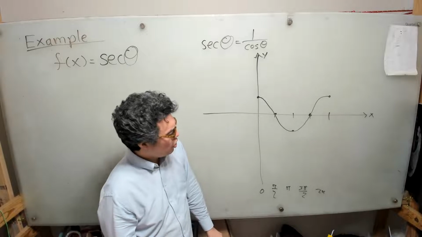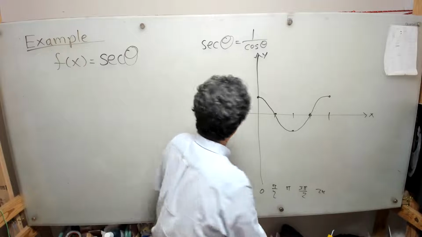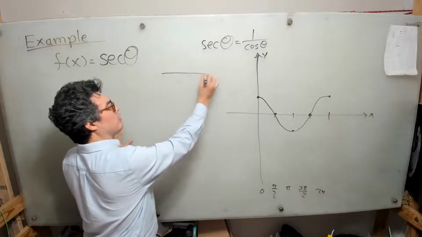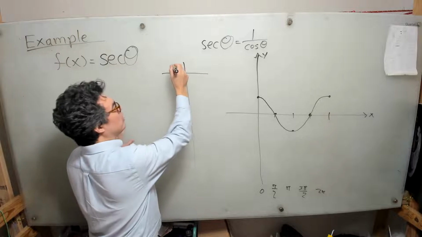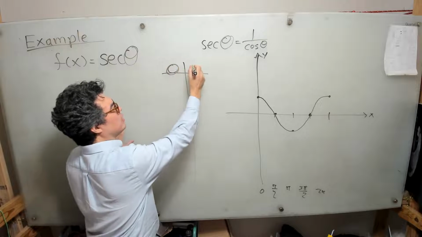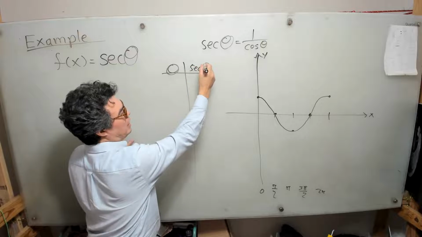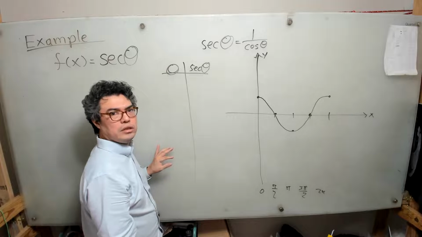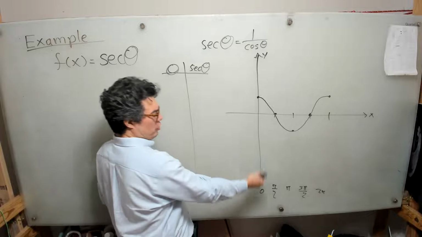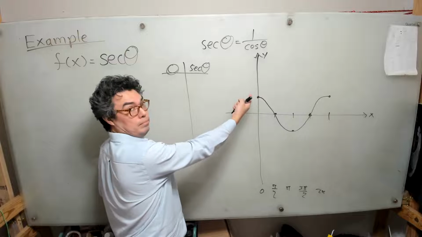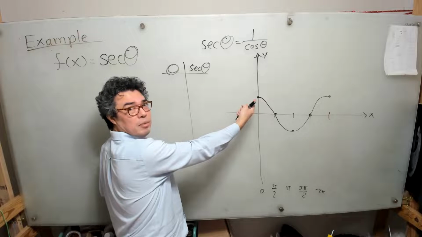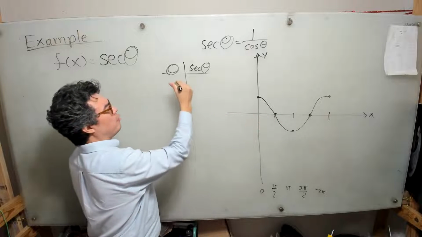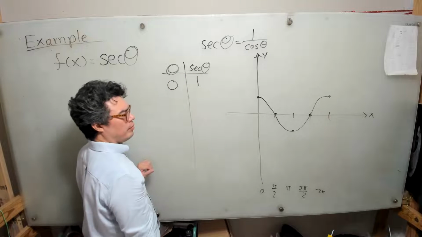So now we can start to investigate what this tells us. What I'm going to do here, just like I did before, is make a little table here of some important values. So this is our theta. This is going to be our secant of theta, aka 1 over the cosine theta. The easy ones are easy to see. So if theta equals 0, the cosine of theta is +1. And so what's 1 divided by +1? That's just 1. So if I'm at theta equals 0, the secant of theta is 1.